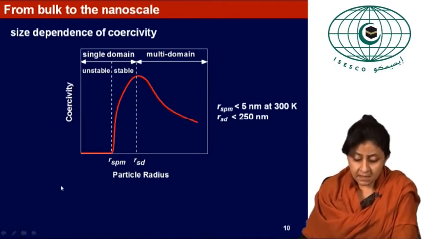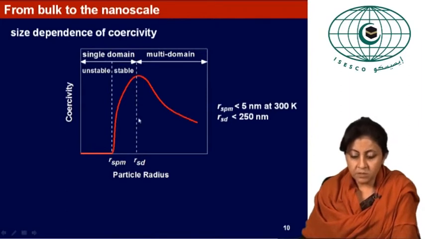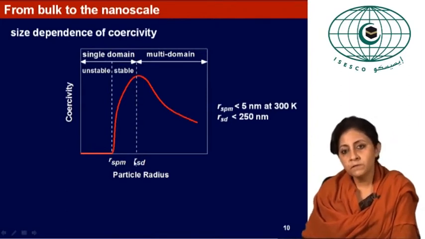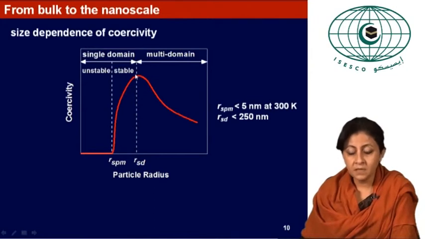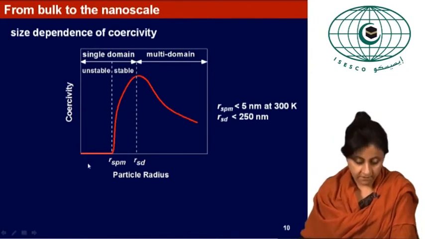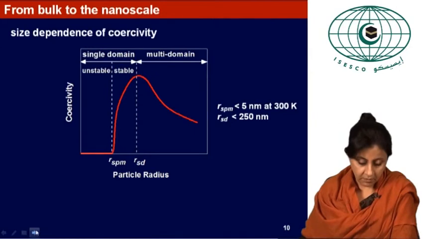So you can see that single domain particles, this is where we end the nanometer range. And here we have two very distinct behaviors, one where the coercivity is zero and one where the coercivity increases sharply with particle size, and in both these regions we have different applications for nanomaterials.